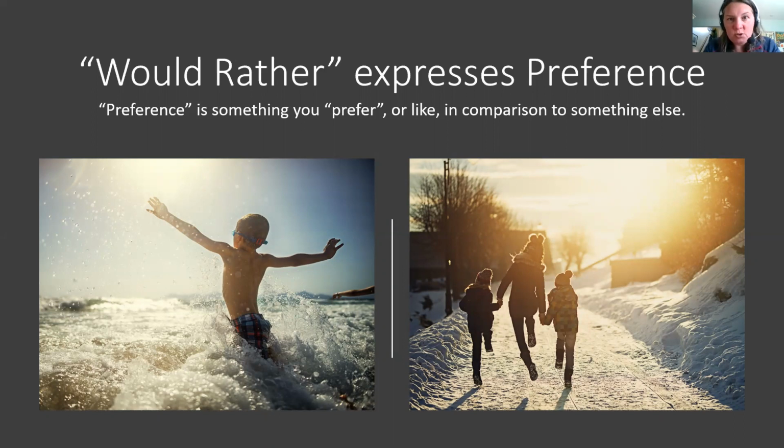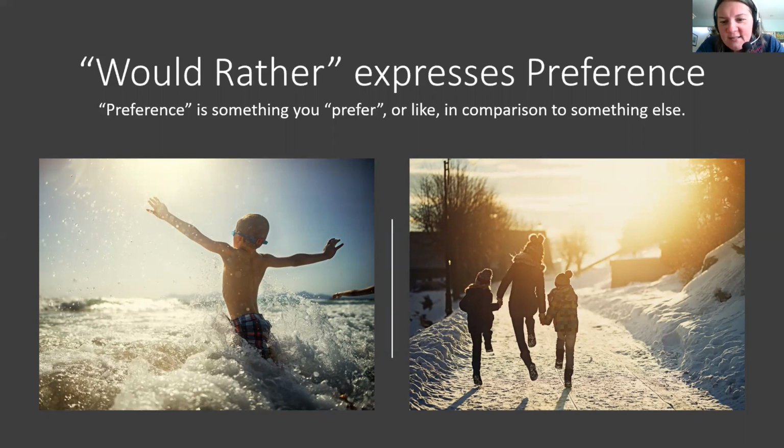If you were given the choice of two things, which one would you pick? Chocolate or vanilla? Someplace warm or someplace cold? Take a look at these two examples. On the left is a boy swimming in summertime.